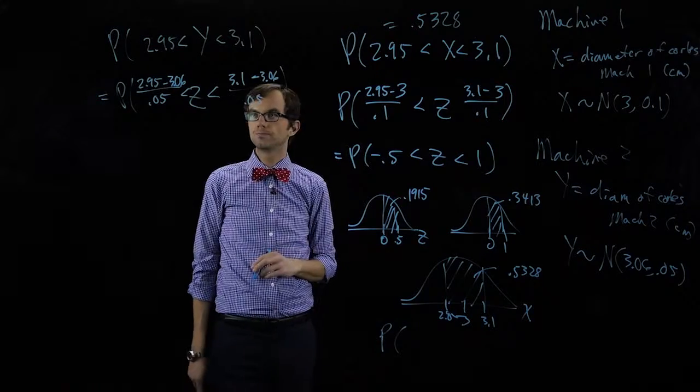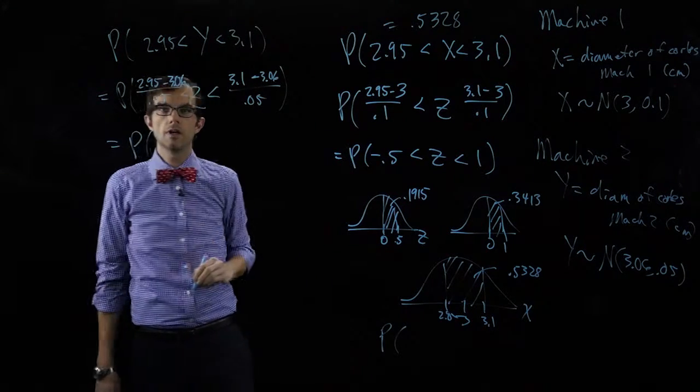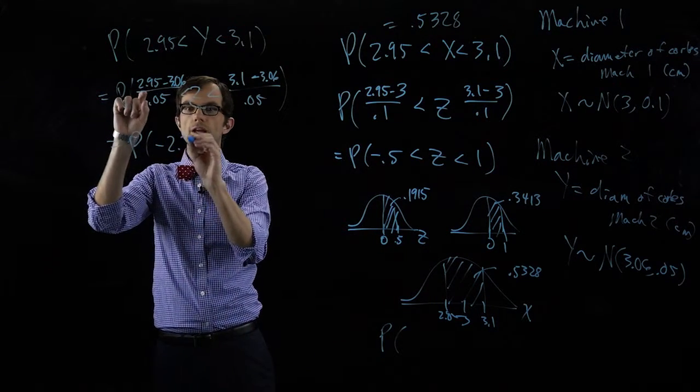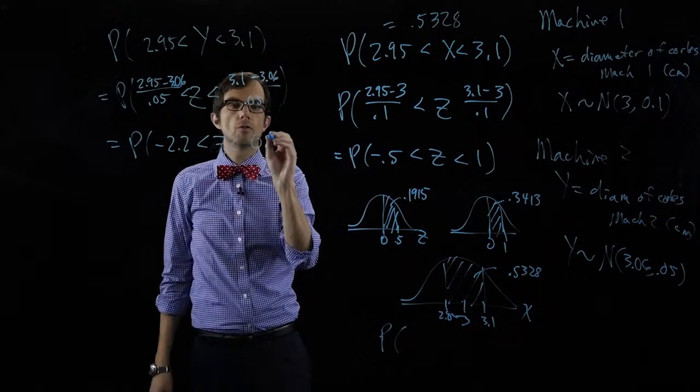We can just do this calculation. That's just a z-score, just arithmetic. This gives us negative 2.2 here, and up here we get 0.8.